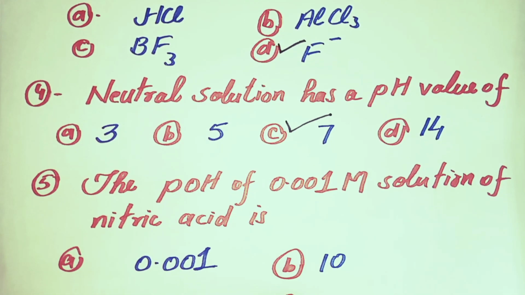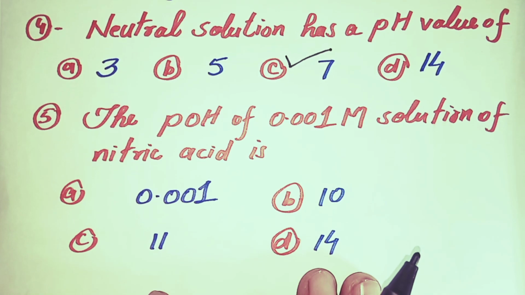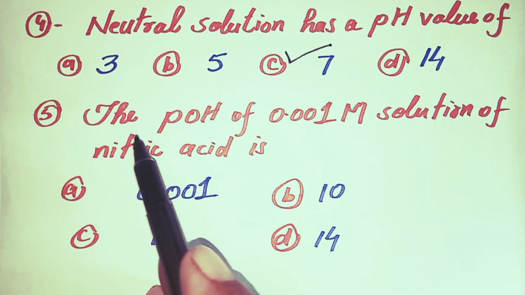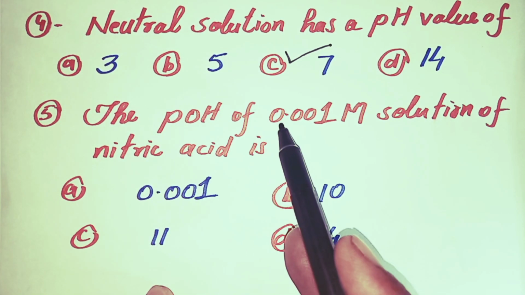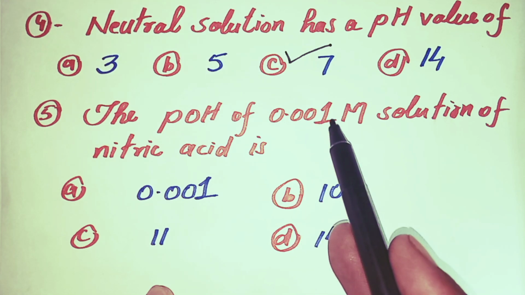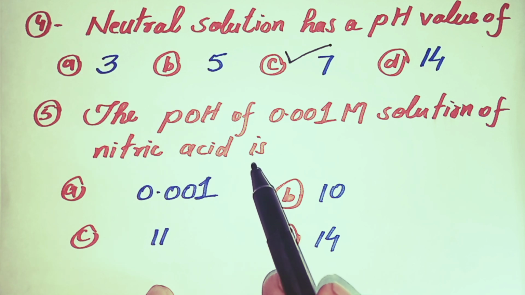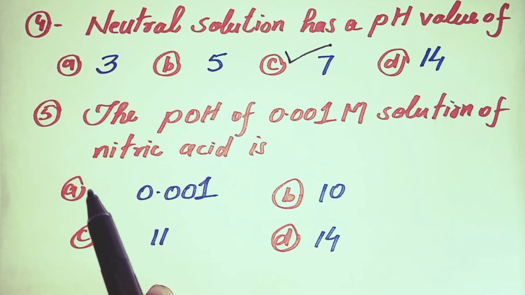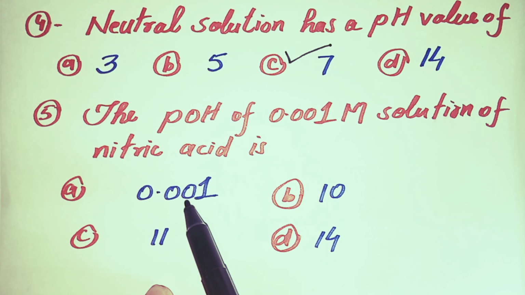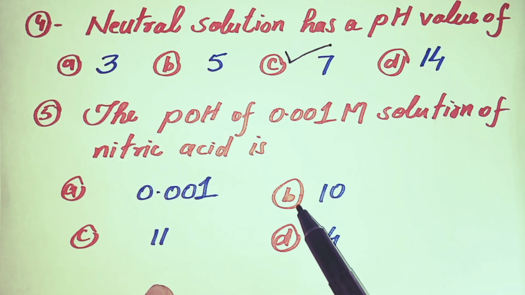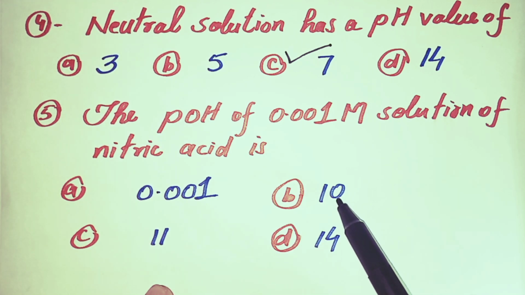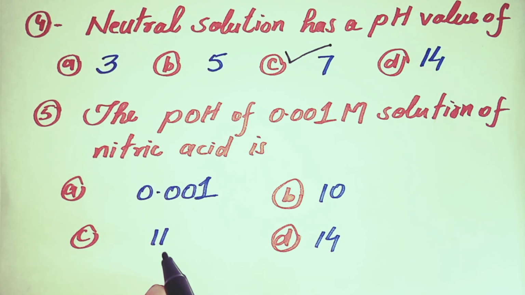Next, question number 5. The pOH of 0.001 molar solution of nitric acid is option A 0.001, option B 10, option C 11, option D 14.